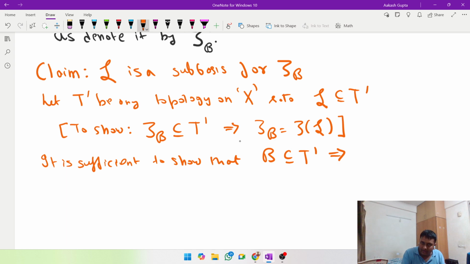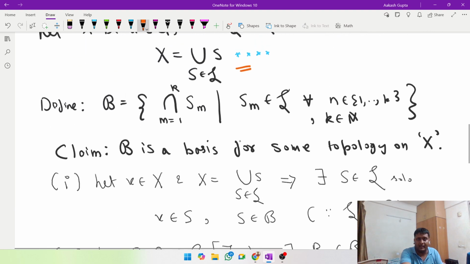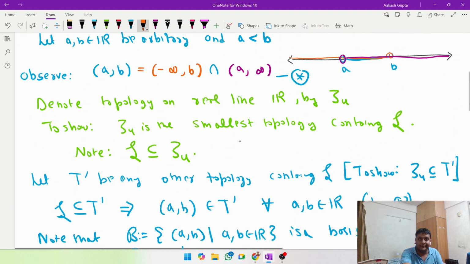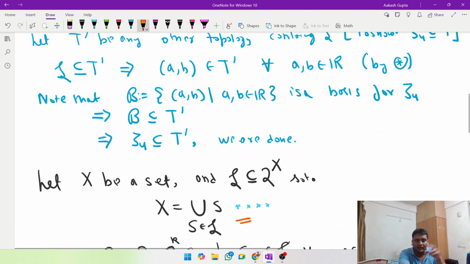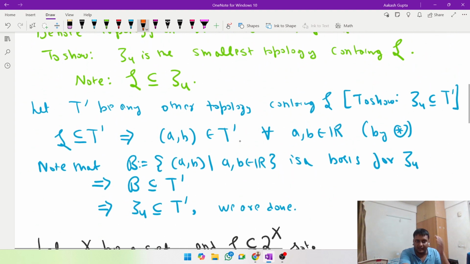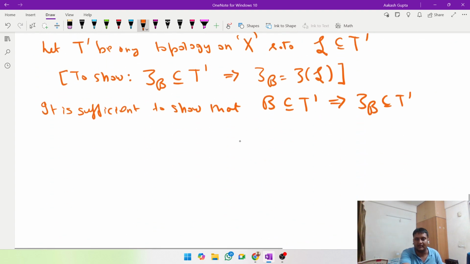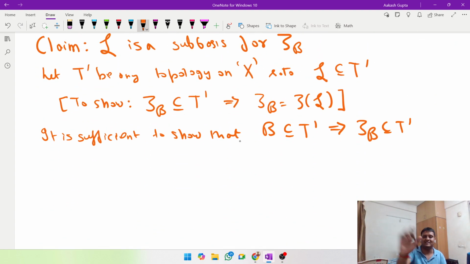So this will definitely imply tau script B is in tau prime. That's all I did in the example, if you observe carefully. I have shown that the basis is sitting inside that, right? And this is very easy.